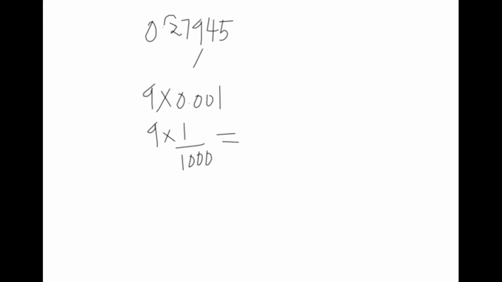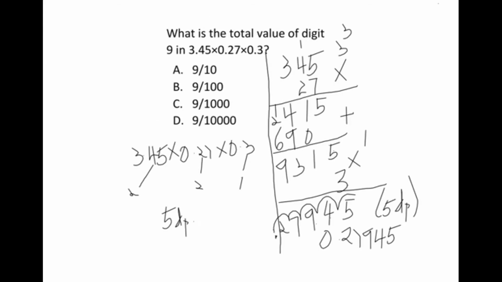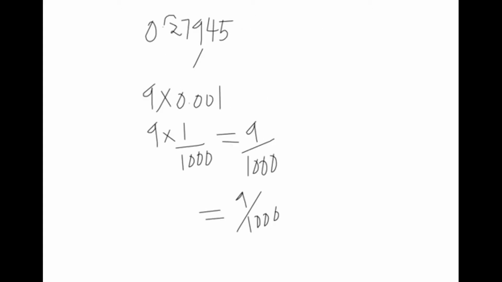This will give us 9 over 1000, which is choice C. That's our total value.